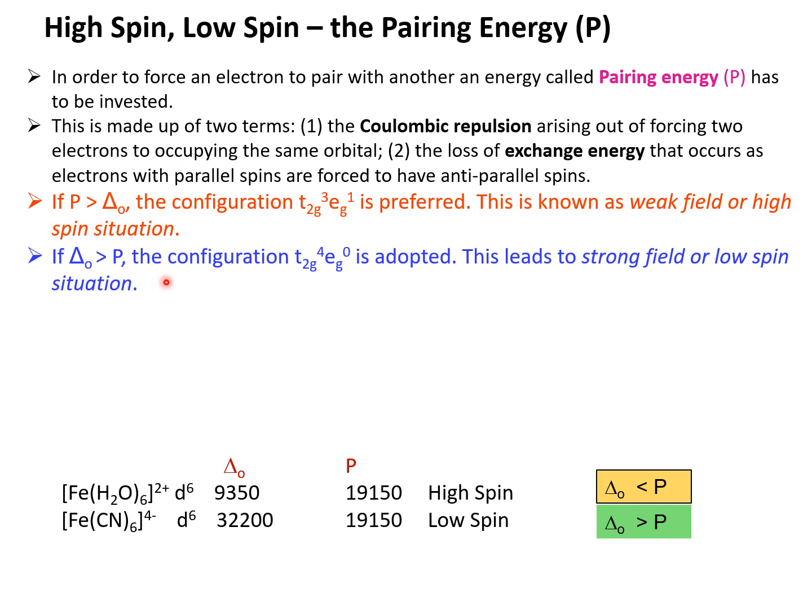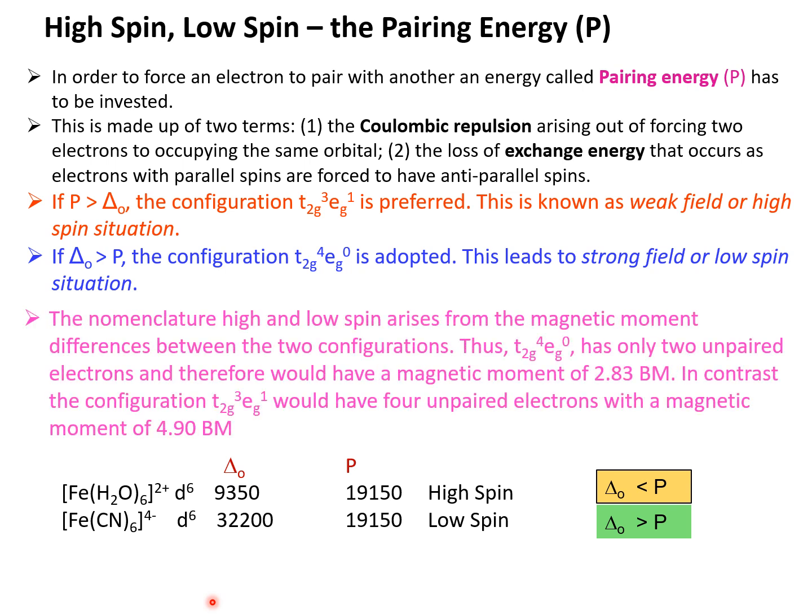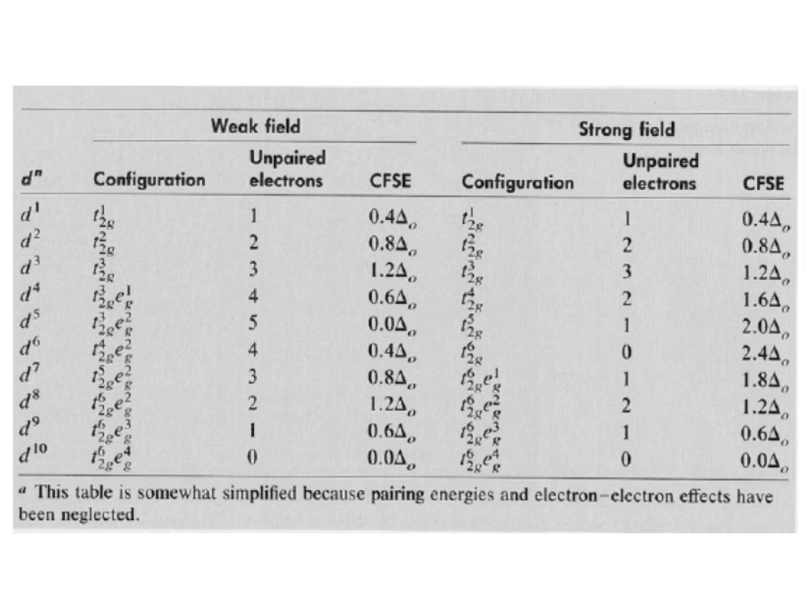If delta naught is greater than P, then it is strong field or low spin. The nomenclature high and low spin arises from the magnetic moment difference between the two configurations. So delta naught greater than P, it is low spin. Delta naught less than P, then it is a high spin complex.